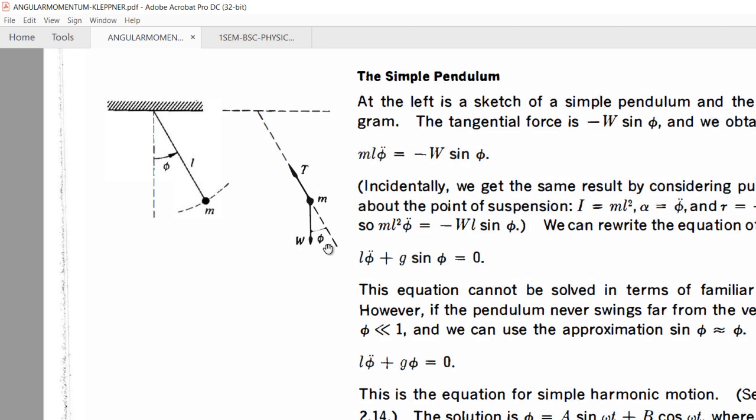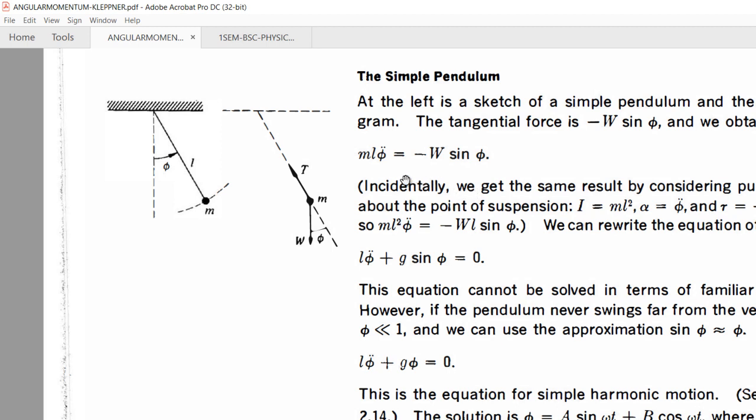W cos phi acts along the string, away from the support, and W sin phi acts perpendicular to the string. Due to this perpendicular component, W sin phi, a torque is produced, and that will cause the oscillation of the simple pendulum.